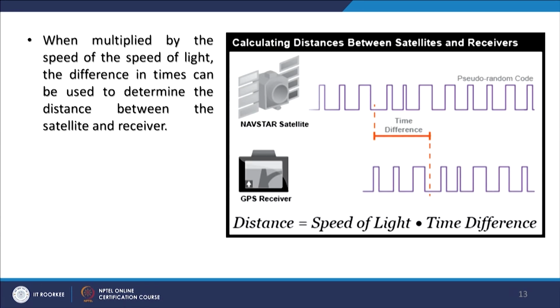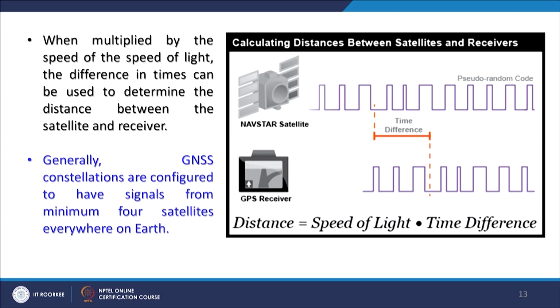This is how the time difference is obtained. This is the pseudo random code. Suppose a satellite, GPS in this example, Navstar, is transmitting, and this is our receiver. There may be some time difference, and this time difference, when multiplied by the speed of light, gives us the distance.